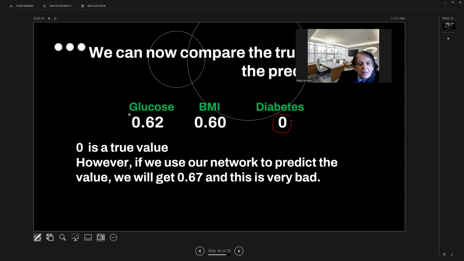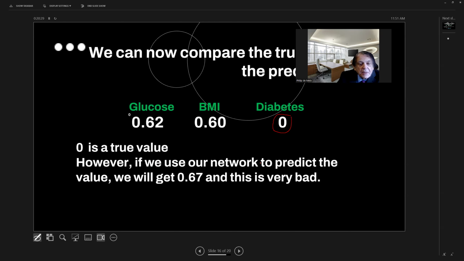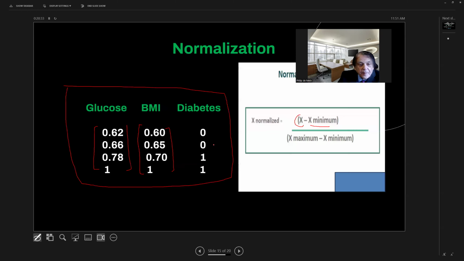We train data, and we take this example as training data. We'll train our neural network, right? So this 0, it is true value. So this is true value. This is true value. This is true value.